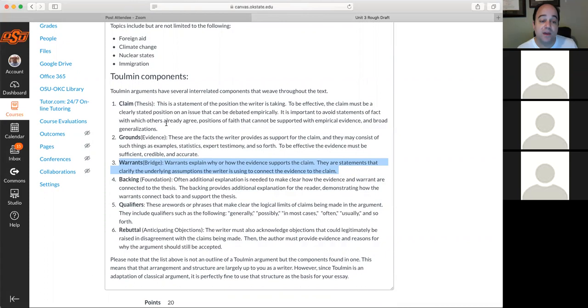You make your claim in an introduction. You support it in some body paragraphs with grounds. You certainly will probably have a section where you talk about the warrant, but things like qualifiers are just words that show up throughout the case.